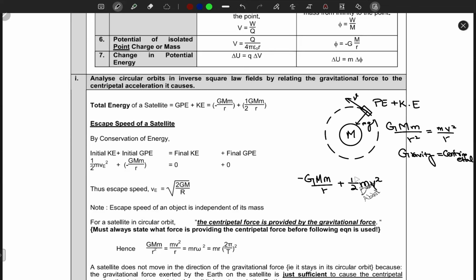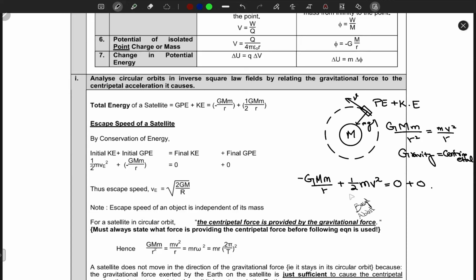Now, these are the initial energies, and the final energies are 0, because it's not going to be moving, and it will not be in the field of the Earth. The satellite will not be in the field of the Earth. So that's why the potential energy is 0 as well.